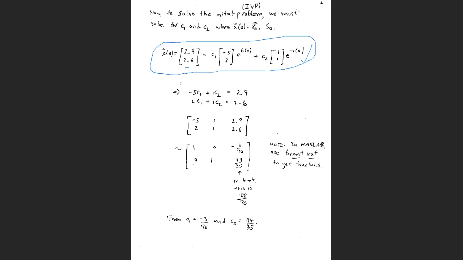See that? Time is equal to 0. So for t, I put in t equals 0. And that's going to give me then a system of linear equations to solve. Please let me know if there are any questions.